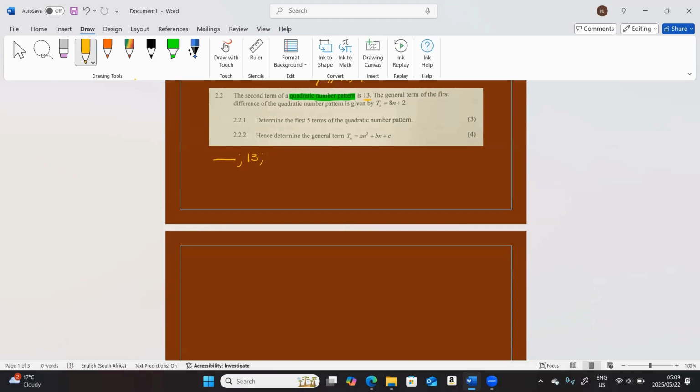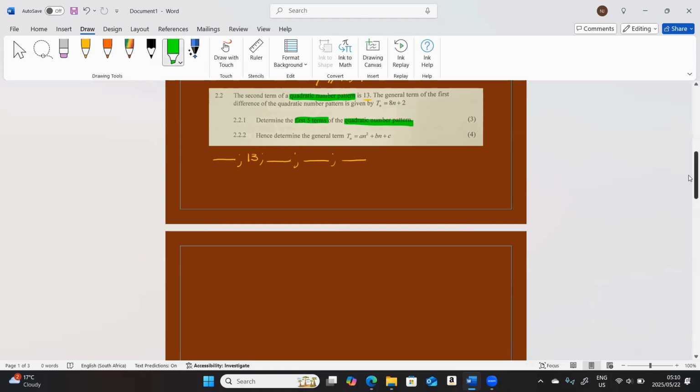So basically, we don't know the third term, the fourth term, or the fifth term, because in 2.2.1 what they ask you is to get the first 5 terms of the quadratic number pattern. So it's this top part, 1, 2, 3, 4, 5. That is what we need to get for the first 3 marks.